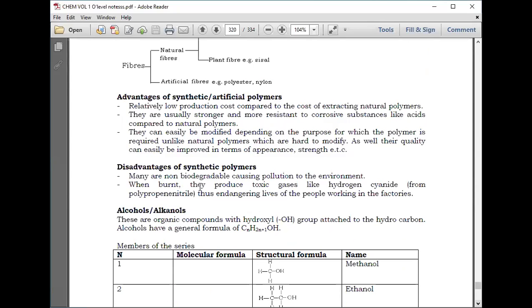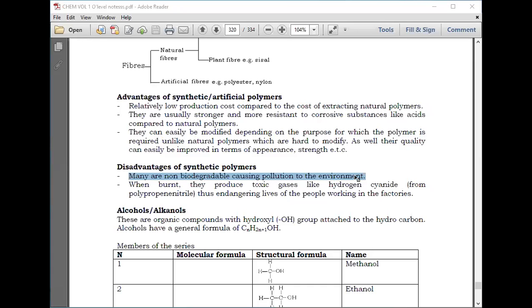Disadvantages of synthetic polymers, most especially polythene. The disadvantages that I wanted you to write, and it is these that you should always write. Two disadvantages of polythene: it is non-biodegradable, causing pollution to the environment. That is polythene, kavera.